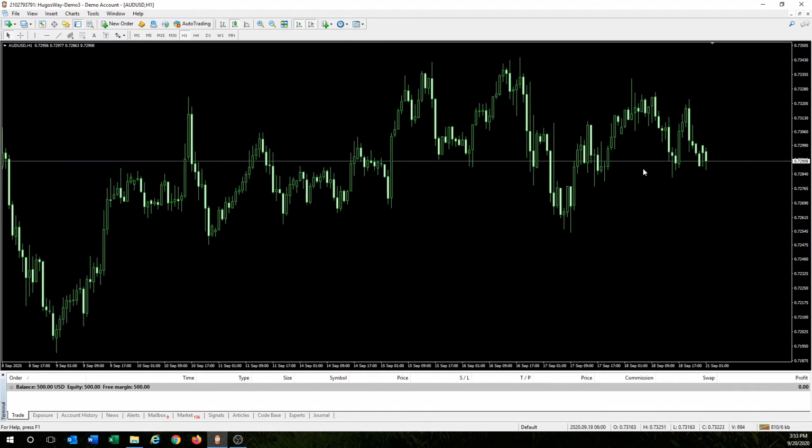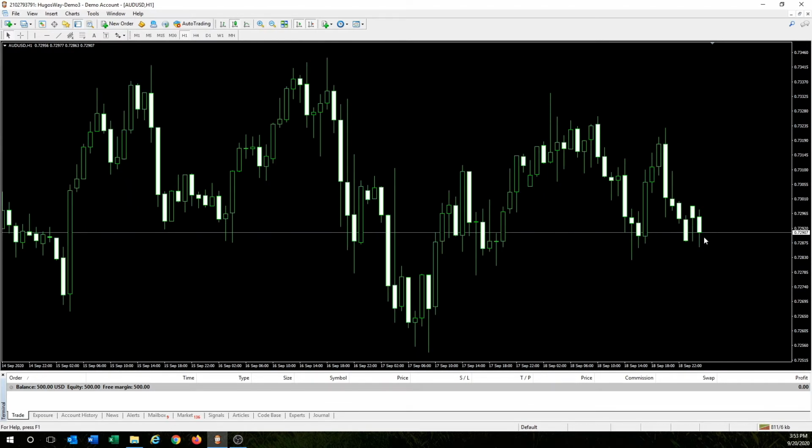But let's look at these individual bars, right? Right now we're talking about this little time menu here. Right now, 1 hour is selected. So what does that mean?